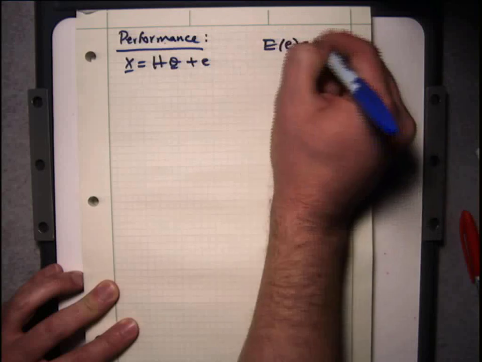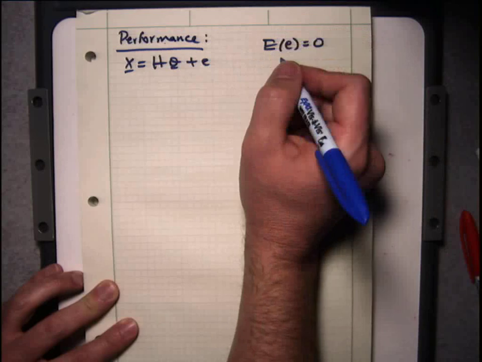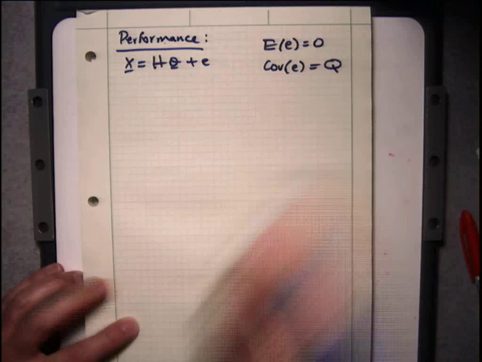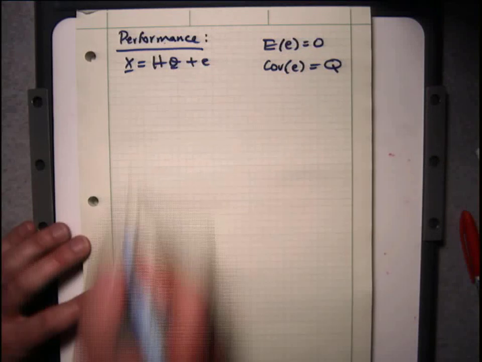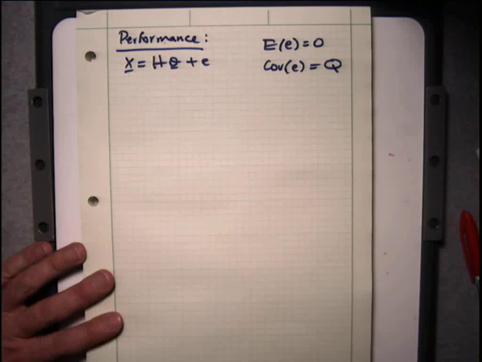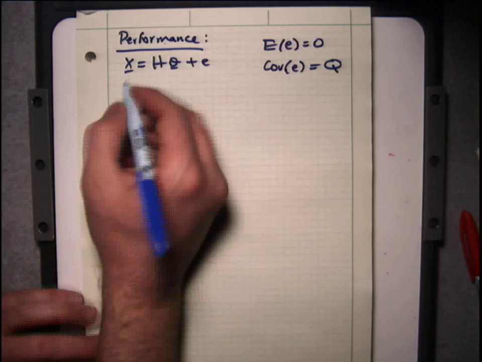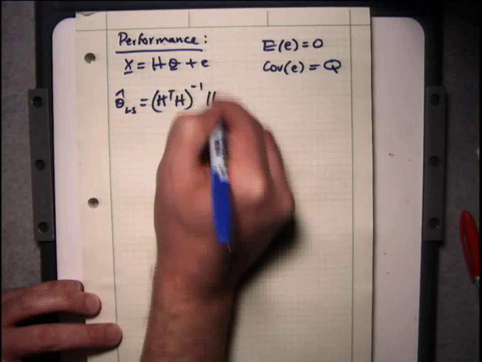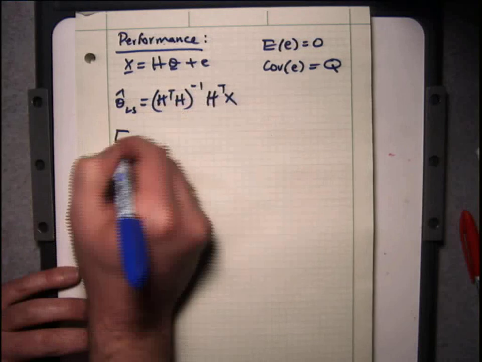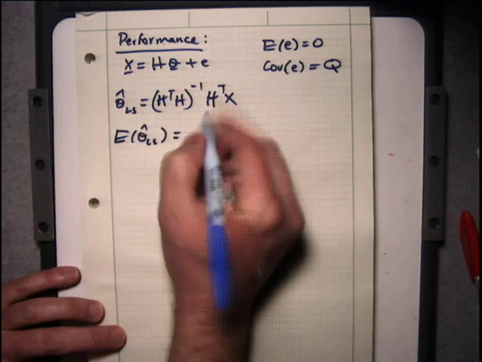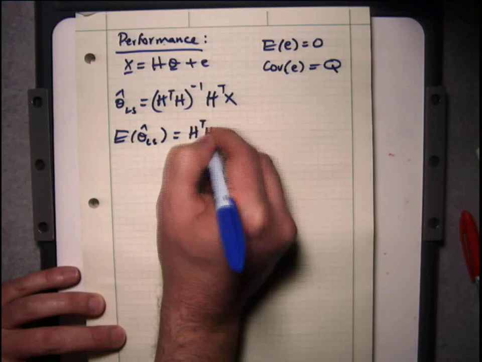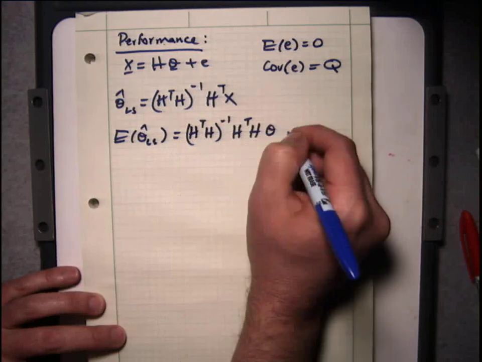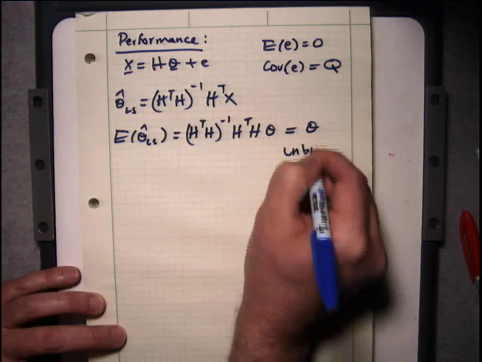The expected value of E is 0, and the covariance of E is equal to Q. I'm just going to do a standard least squares, not even weighted least squares. So theta hat least squares is (H transpose H) inverse H transpose X. The expected value of the least squares estimator is (H transpose H) inverse H transpose H theta, and this is equal to theta, so this is an unbiased estimator.